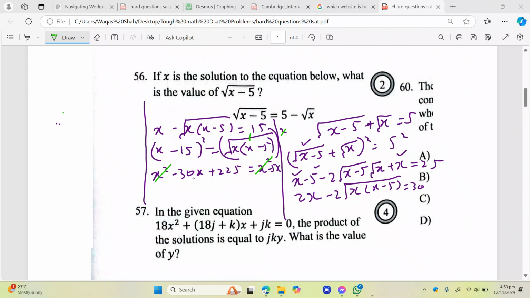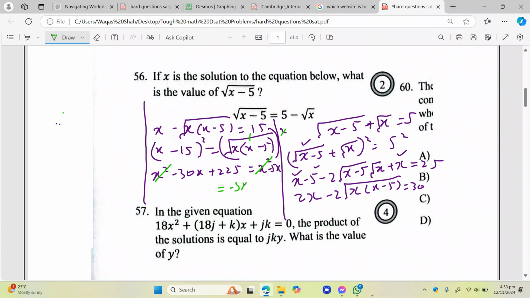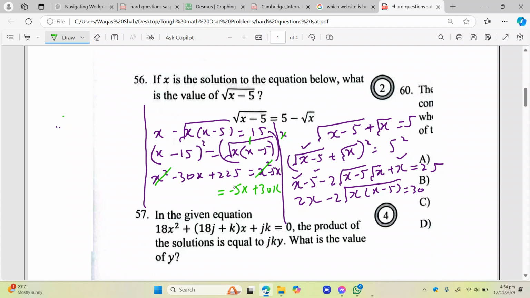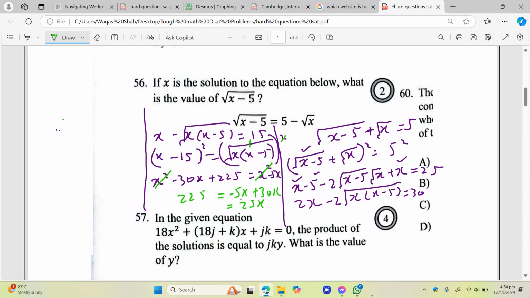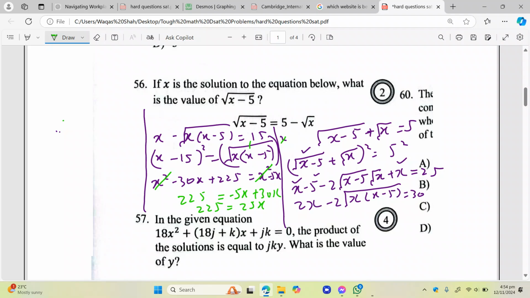And if you shift this minus 30x on the other side, so it will be minus 5x plus 30x. Okay, and this 225 will be here, so it will be 25x and 225, and if you divide both sides by 25, so it will be x is equal to 225 divided by 25, so it will be 9.